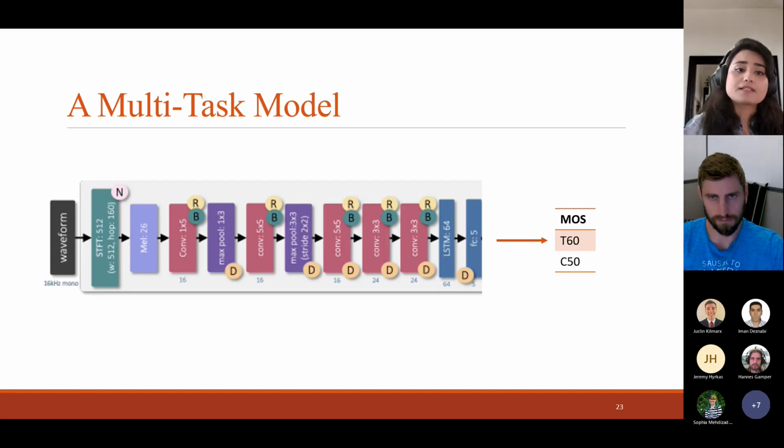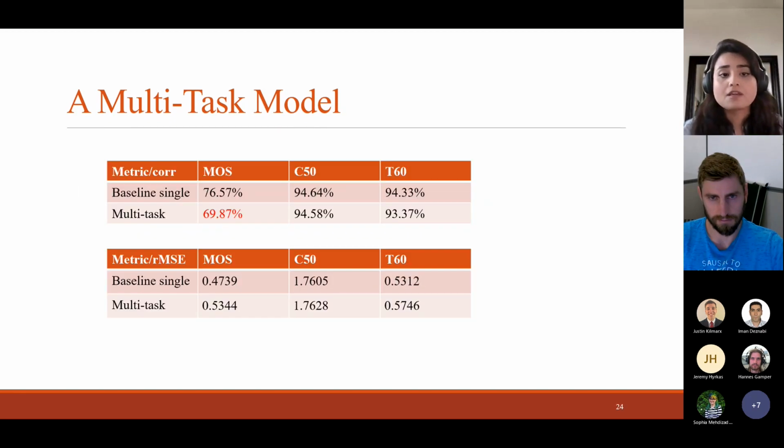And the next experiment is moving to the multitask model. Here, instead of estimating MOS, we are estimating 3 labels simultaneously, MOS, T16, and C15, using the same model. Our initial results show that the multitask model is doing worse, specifically in MOS, which has the lower performance.